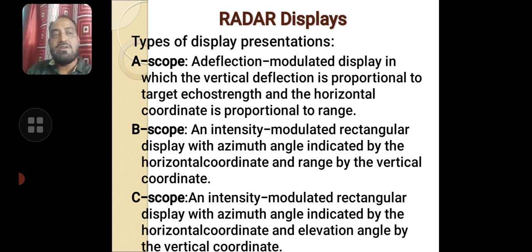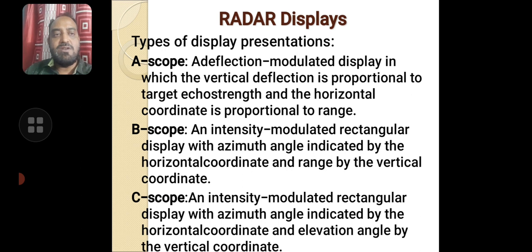A larger peak indicates a long range target. If it is deflecting in the horizontal direction, that means its direction is very far away from North Pole.